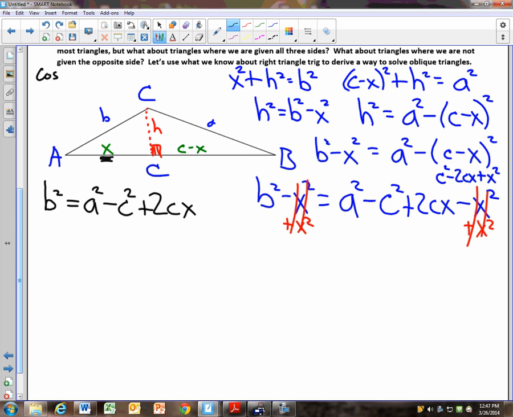Cosine of angle A is equal to the adjacent over the hypotenuse. What's the adjacent over the hypotenuse? X over b. And if we want to solve for x, we just simply multiply both sides by b. So we get b times the cosine of A is equal to x.